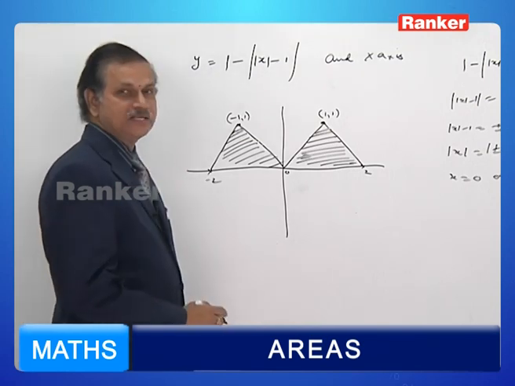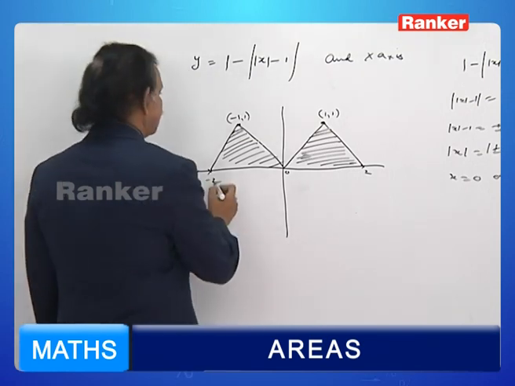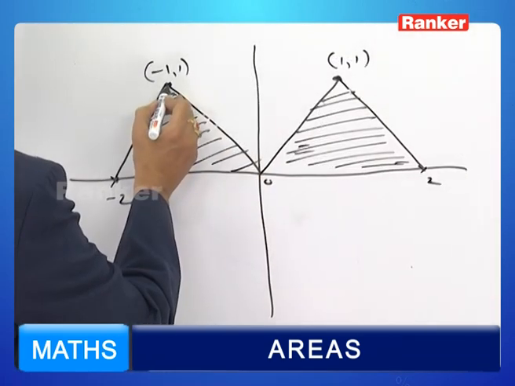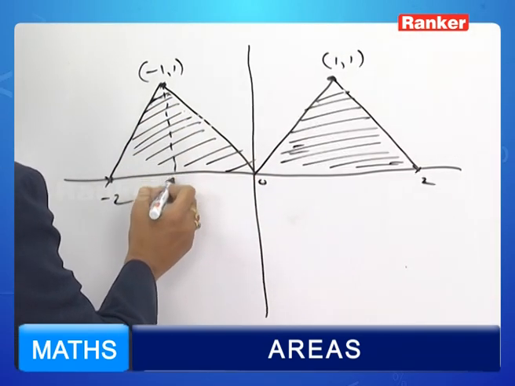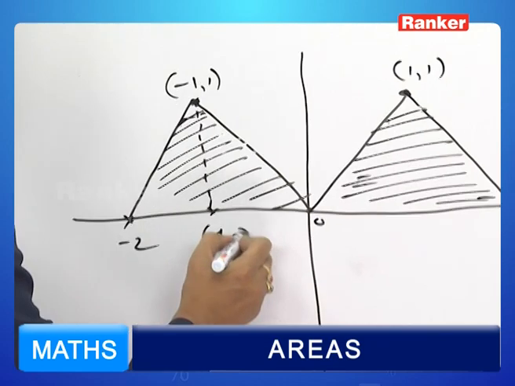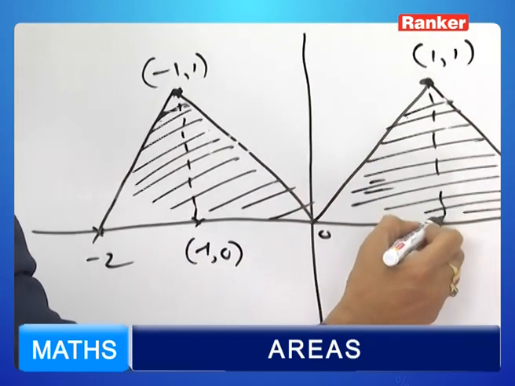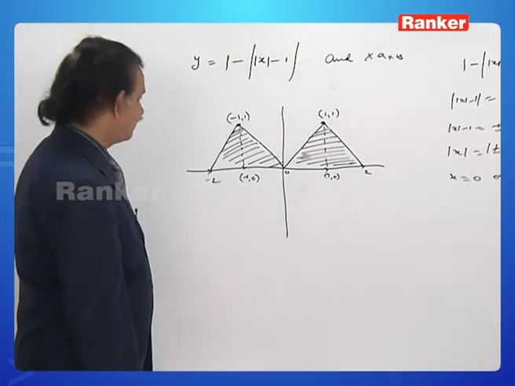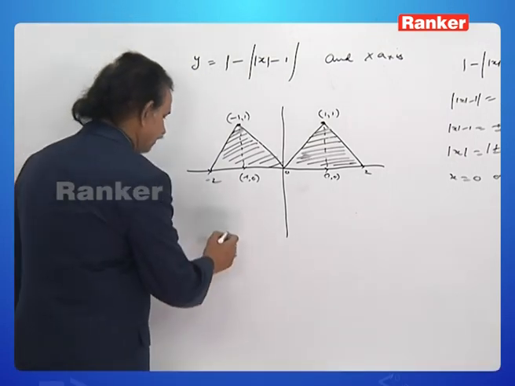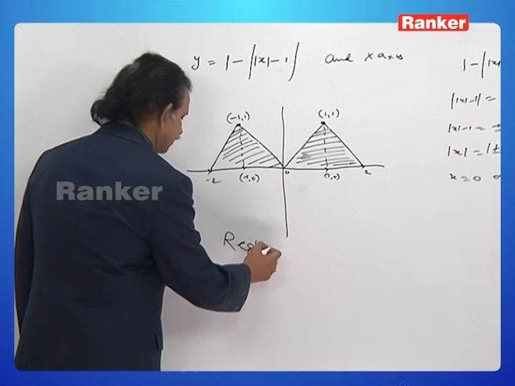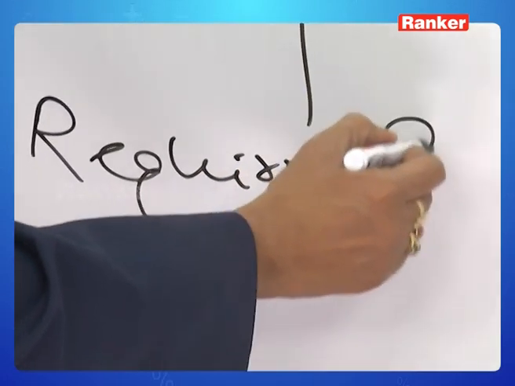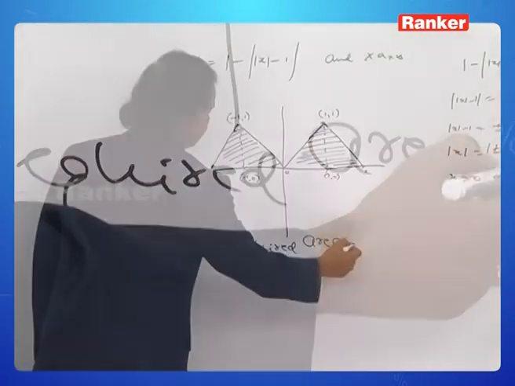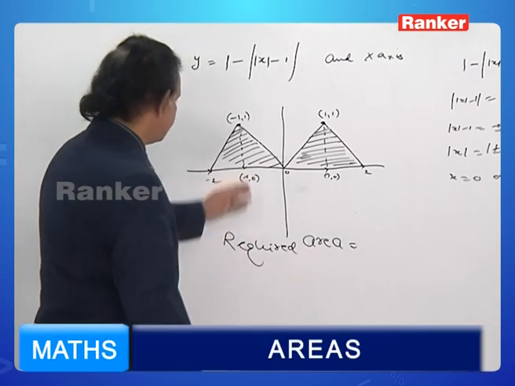Now you can easily have the answer. Look here, minus 2, 0. This point is minus 1, 0. This point is 1, 0. Come on friend, the required area is equal to the area of the first triangle.